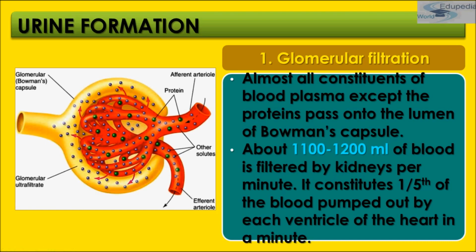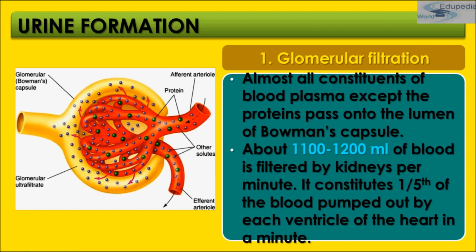Now a question may come: why does the afferent arteriole of the glomerulus have a greater diameter than the efferent arteriole? The afferent arteriole supplies blood to the glomerulus, and the efferent arteriole carries blood away from the glomerulus.